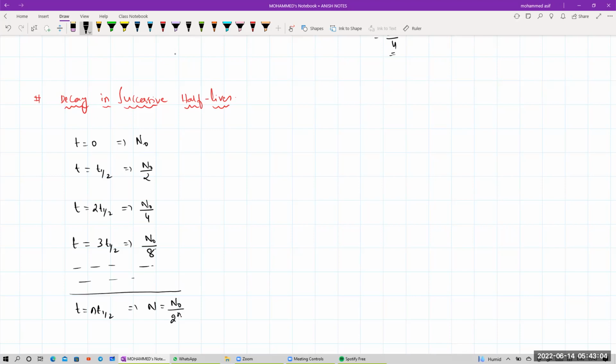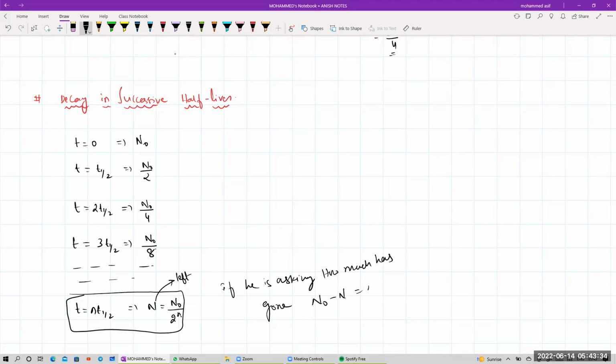So this is an important formula I need to remember, isn't it? So n की वैल्यू क्या होती है यहाँ पर? This N is known as how much amount is left out. If he is asking how much has gone, यानी कितना डिके हो गया, then you can use N naught minus N. That is N naught minus N, value will be N naught divided by 2 power n. ये क्या है?